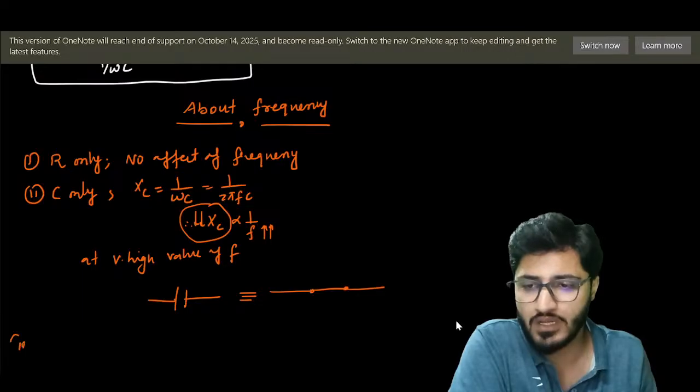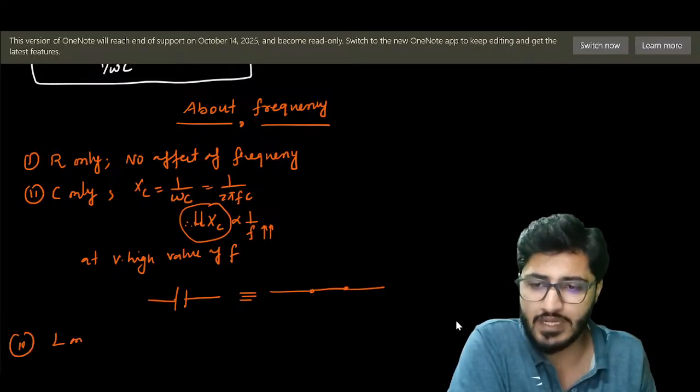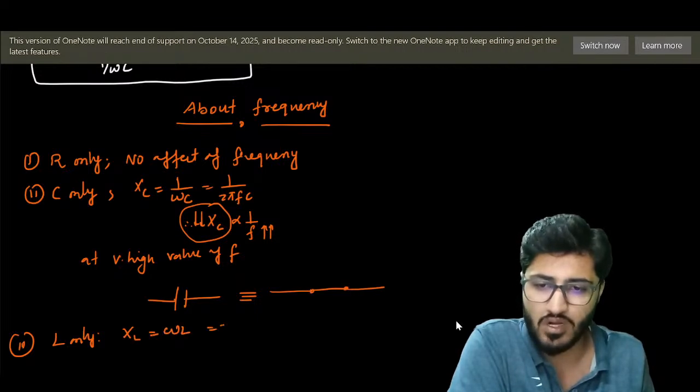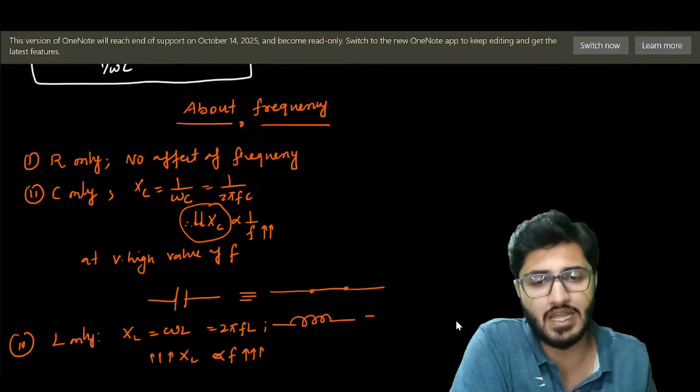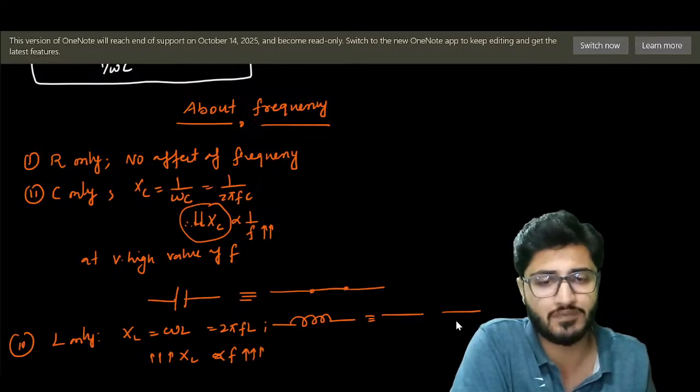Third one, if we are having an inductor only, what is XL? It equals omega times L, or 2 pi f times L. So if my f is more, my XL will be more. So opposition will be maximum, and I can treat it as an open circuit.